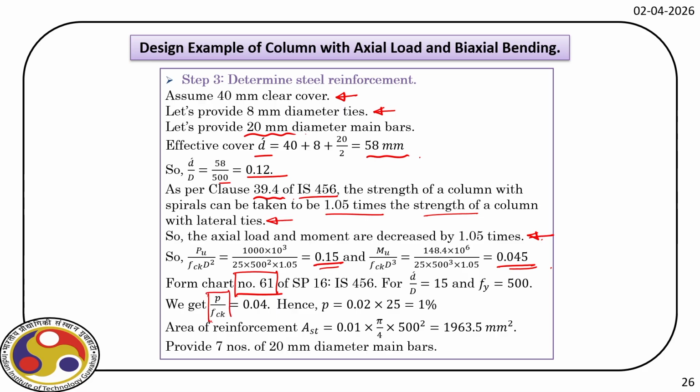What we get is p by fck is 0.04 and hence p is equal to 1%. So the area of reinforcement Ast is 1963.5. So we provide 7 numbers of, recall the diameter of the main bar is 25, so 7 number of 25 diameter bars are provided.